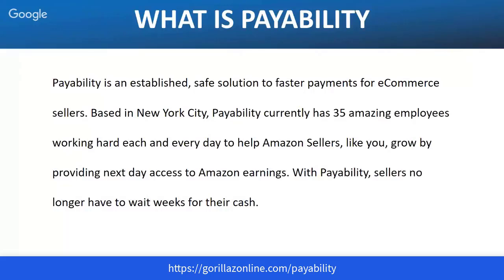Right, so Payability is an established, safe solution to faster payments for e-commerce sellers. These guys are based in New York City. Payability currently has 35, they're calling it amazing employees, working hard each and every day to help us, Amazon sellers like you, grow by providing next day access to Amazon earnings.